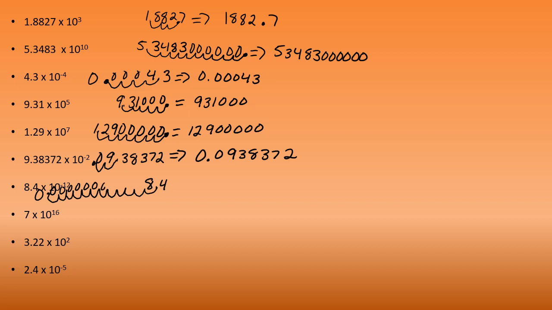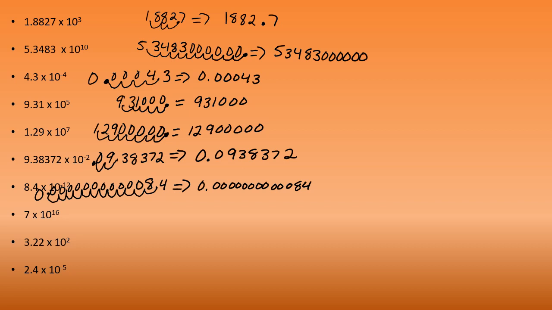Looks like there will be 11 of them. And so our 8.4 times 10 to the negative 12 becomes 0.00000000000 84, 11 zeros followed by the 8, 4.